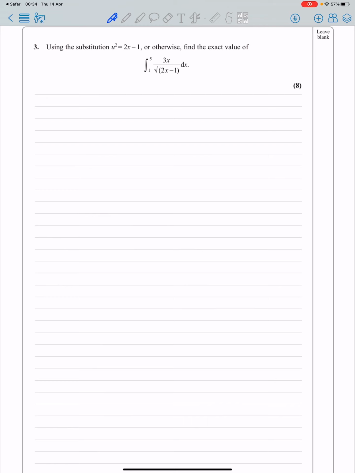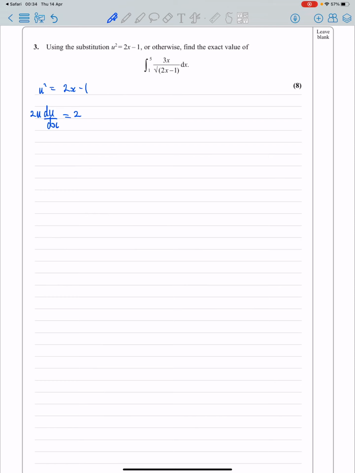So, as per usual, you've got that u squared is equal to 2x minus 1. What we're going to end up doing at some stage is differentiating. So we want to work out what du dx is in some way, shape or form. Now, if we were to differentiate both sides with respect to x, we apply some implicit differentiation. So the left-hand side will differentiate to 2u du dx, and that is equal to, well, 2x minus 1 differentiated with respect to x is just 2.